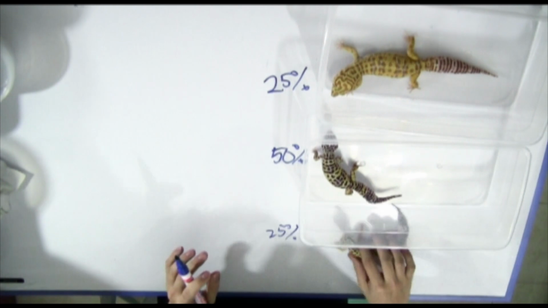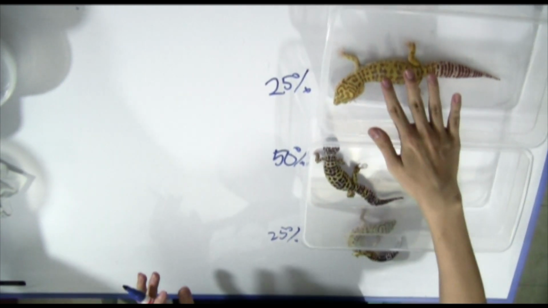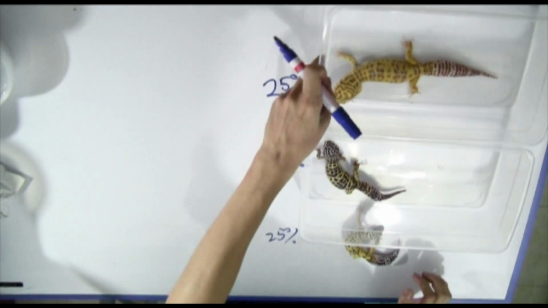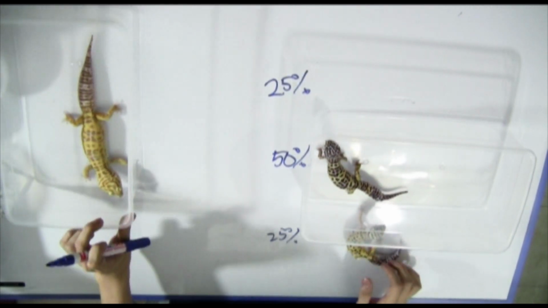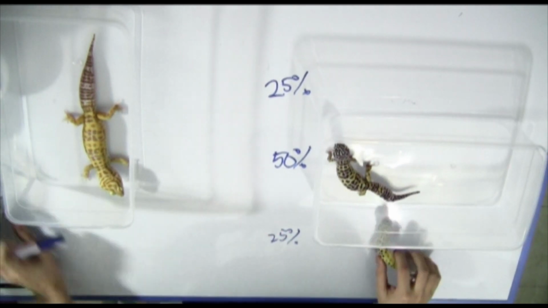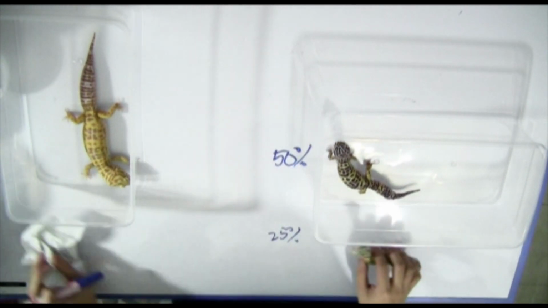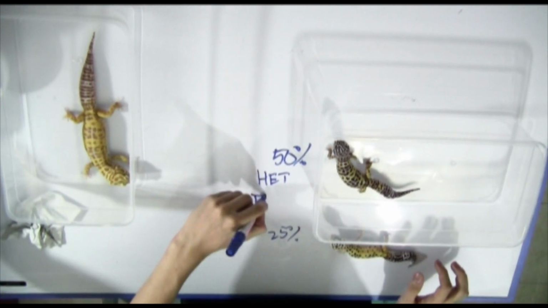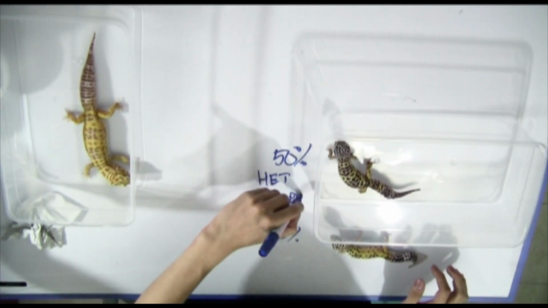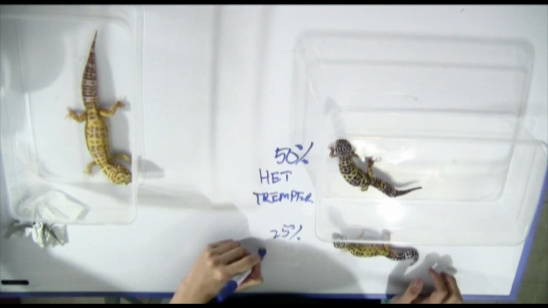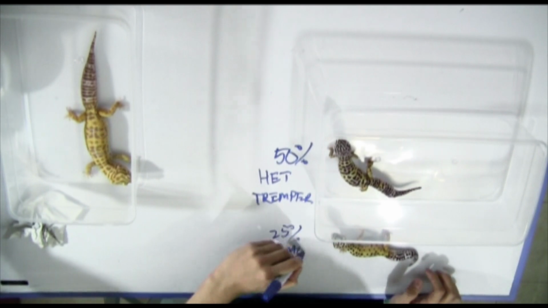So basically you will have a quarter chance to make back a trampled albino, and that is definitely easy to understand. But right now we have the rest, which is 50% het for tramper, and the remaining 25% is normal.